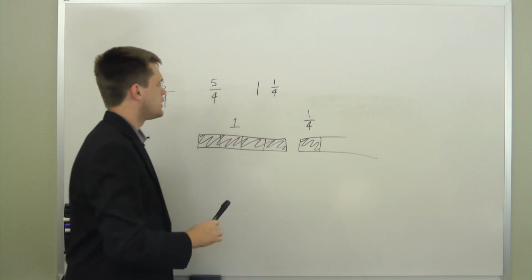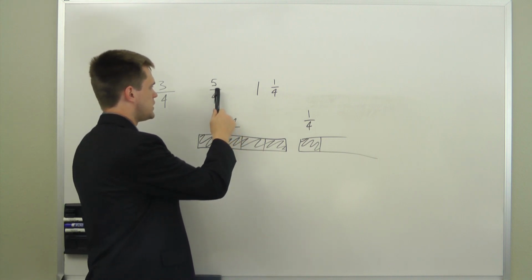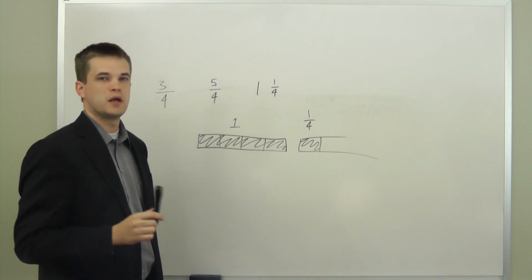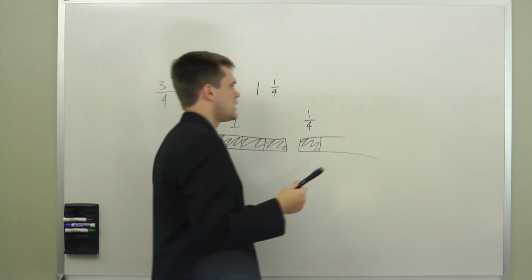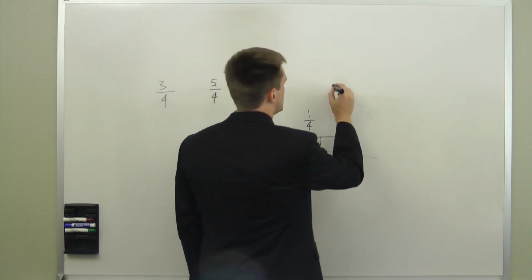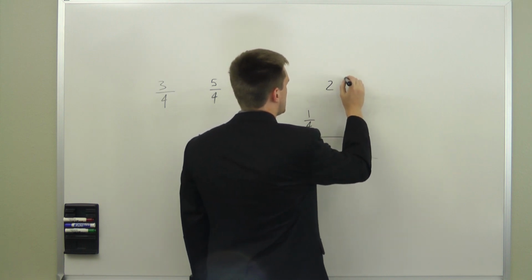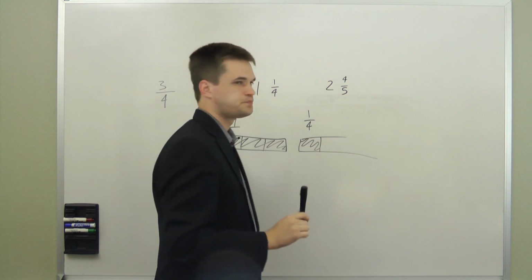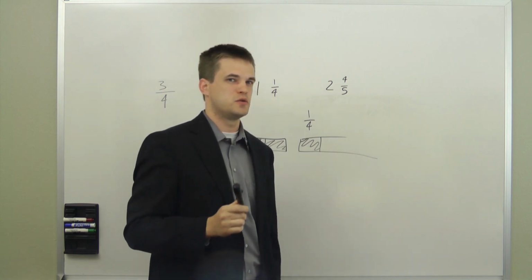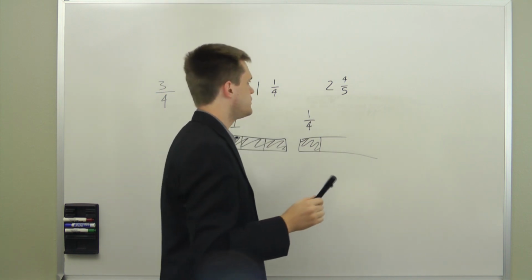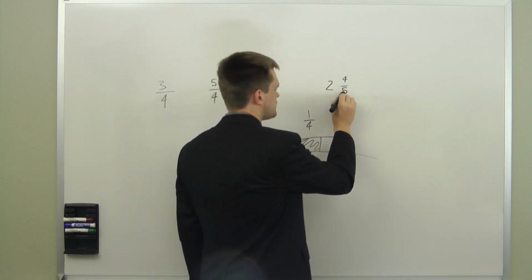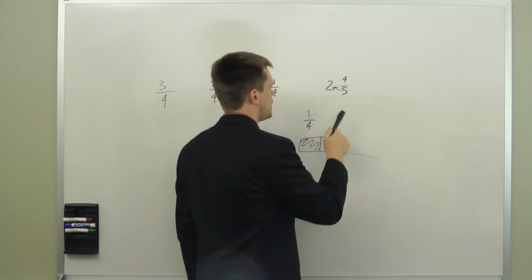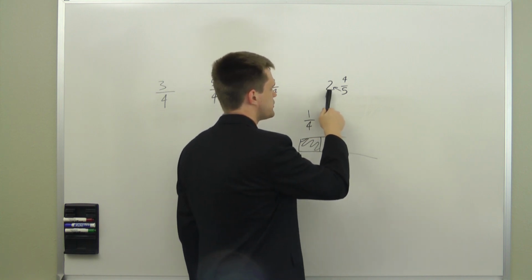Now you can convert between improper fractions and mixed numbers pretty easily, and so I'll demonstrate now how to do this. Let's take, for instance, 2 and 4/5. So this is a mixed number, and we want to convert it now to an improper fraction. To do that, we take the denominator, 5, and multiply it by the whole number, 2.